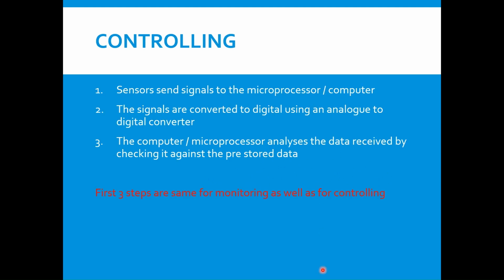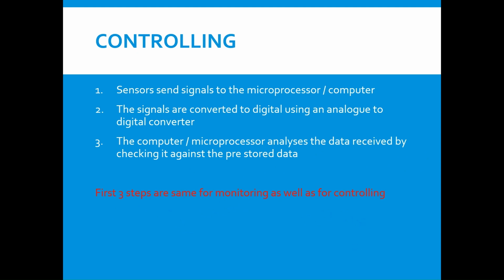In controlling, this is different. In controlling, sensors send signal to the microprocessor or computer. The signals are converted to digital using analog to digital converter. Then the computer or microprocessor analyzes the data received by checking it against the pre-stored data. First three steps are same for monitoring as well as for controlling.